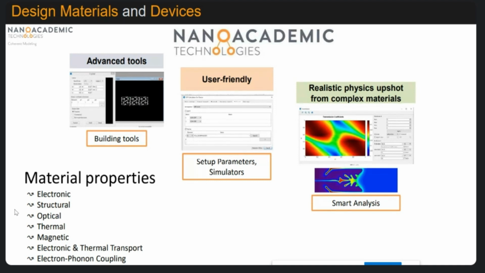These are the material specific properties. Apart from that, at the device level, you can calculate IV characteristics, current-voltage characteristics, transmission coefficient, thermoelectric properties, and some modules that will also be explained.